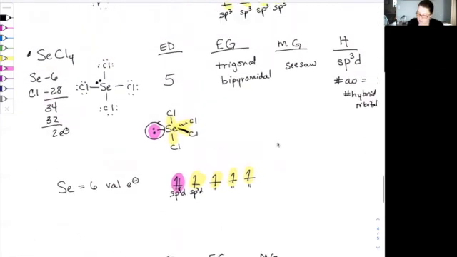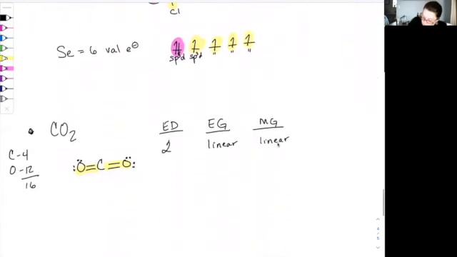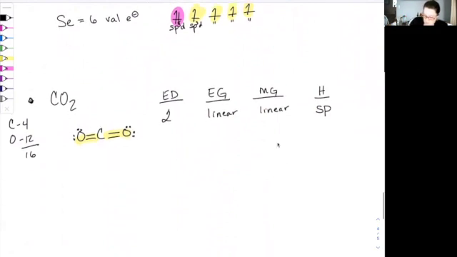So I think hybridization was the next thing. Yeah. So hybridization, we have two electron domains. So we're going to need two hybridized orbitals to fulfill those. So I need s and only one p, because that would give me two sp hybridized orbitals. So if I were to think about this carbon atom, I'll do the whole thing.